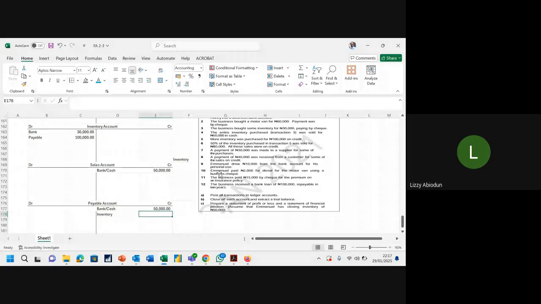Okay. So more inventory was purchased for 100,000 naira on credit. On credit is just to tell you that they have not paid for it. So you have to enter it in a way that shows these people are owing.